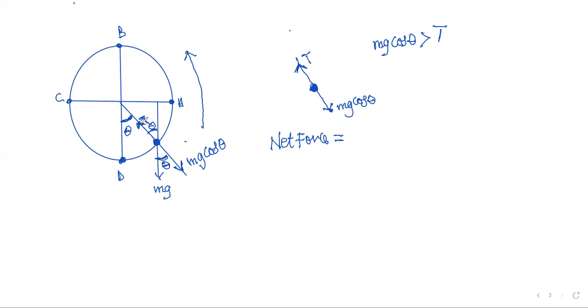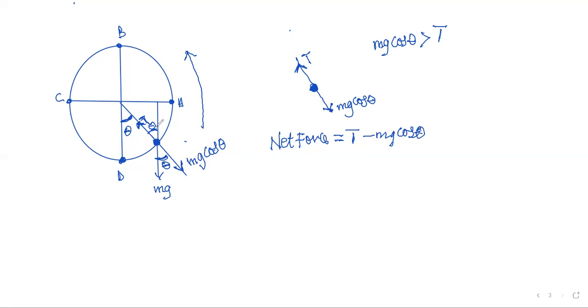Is that okay? So it must be T minus mg cos theta. T must be greater than mg cos theta. Now, the net force always follows the direction of the larger force.